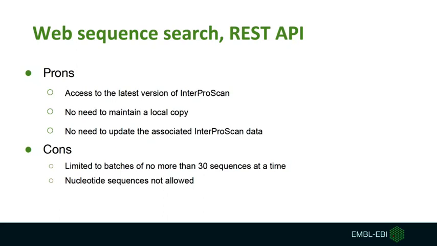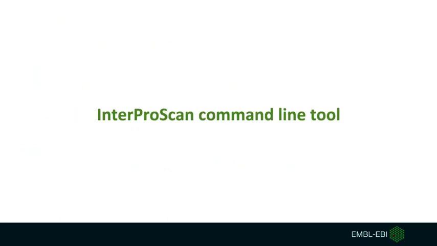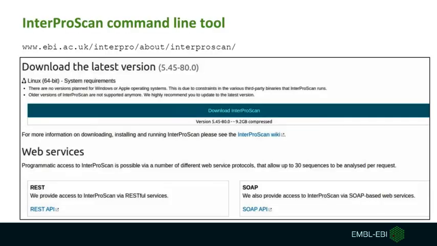So in that case, you might want to install the complete version of InterProScan, which is the command line tool that we provide. And basically, on how you can download InterProScan: this is a huge application. If you look at the size of the release, it's about 9.2 gigabytes in a compressed format.